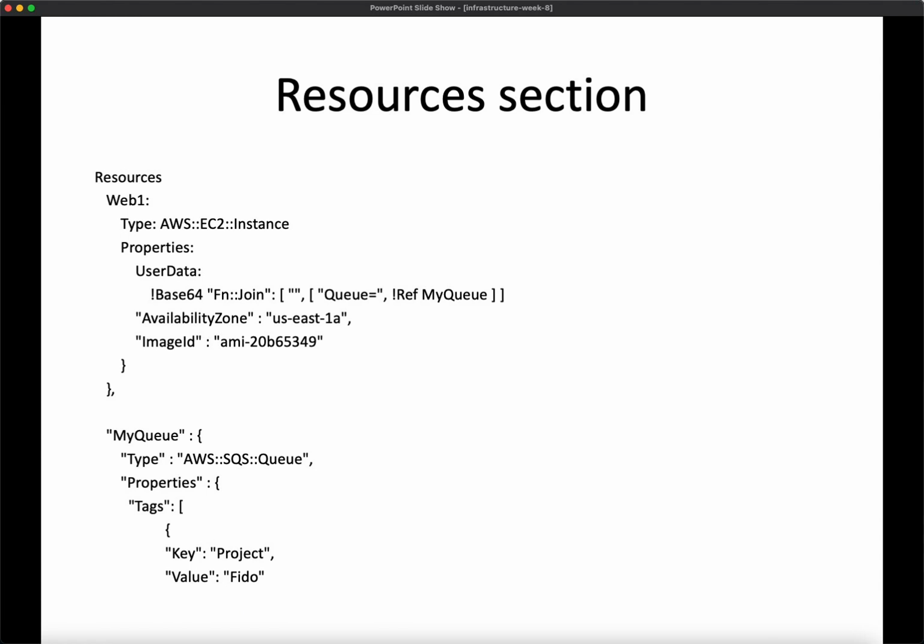There's an availability zone property which is being set, and an image ID property which is being set in the template. And then also a second resource called MyQ, which is an SQS queue.